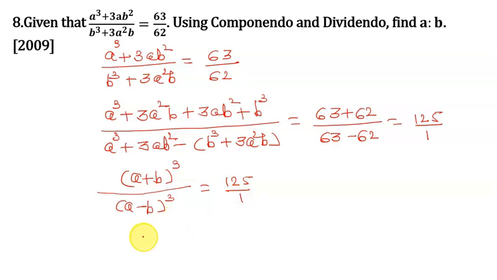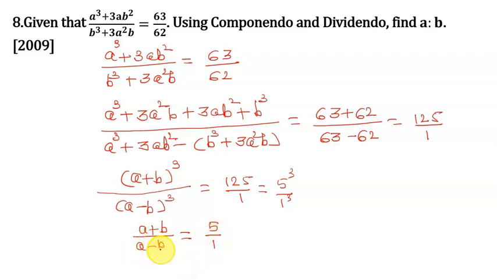Take cube root on both sides, then you will get here a plus b upon a minus b is equals to, now 125 is 5 cube and this is 1 cube. If you take cube root on both sides, then you will get here 5 upon 1.